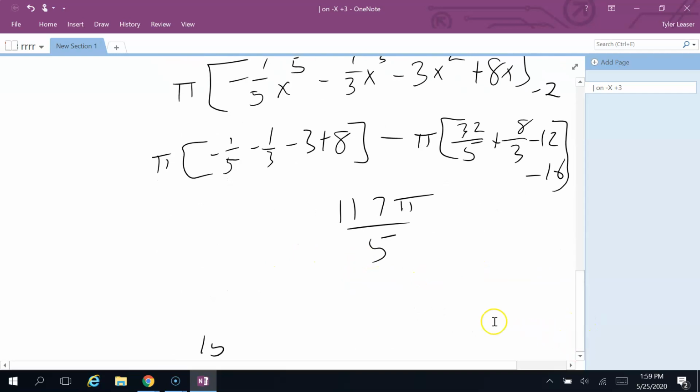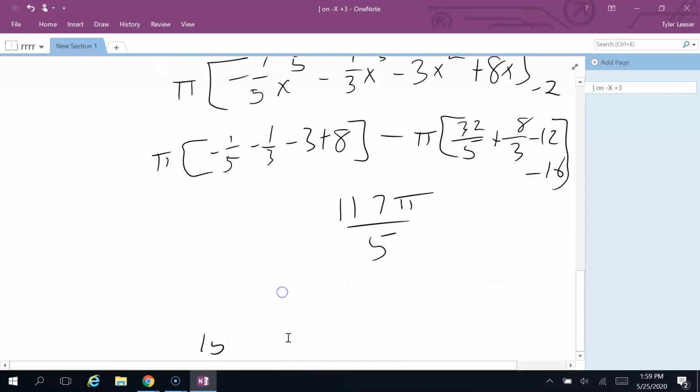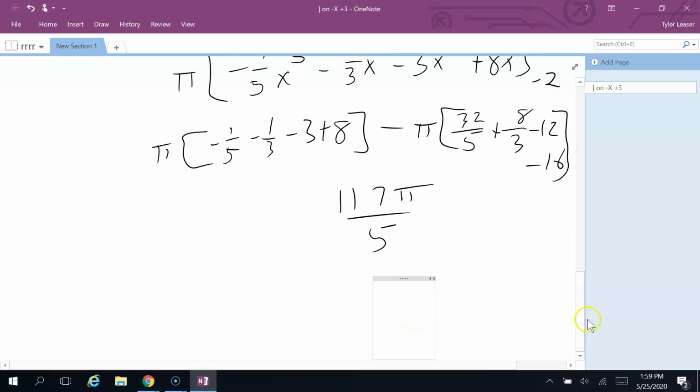Just for a quick little summary of everything that we've done so far, we have these 3 different things here. For whatever reason, I cannot go down. Well, we'll just make it work. Okay, so we have the cross-sectional area.